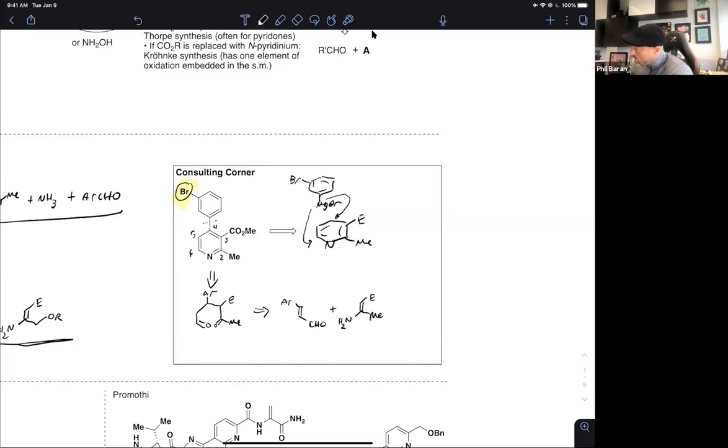Certainly. So you could just put those two together and then oxidize, or you could use hydroxylamine and treat that 1,5-dicarbonyl with hydroxylamine in C2, which will give you the aromatized compound directly. And this compound is obviously easy to get, and you have no problem with that bromine on the arene. So awesome. Great. Thanks, Ellie.